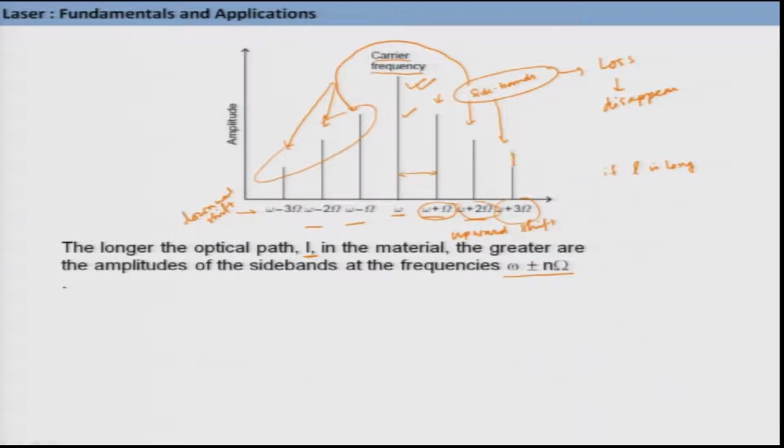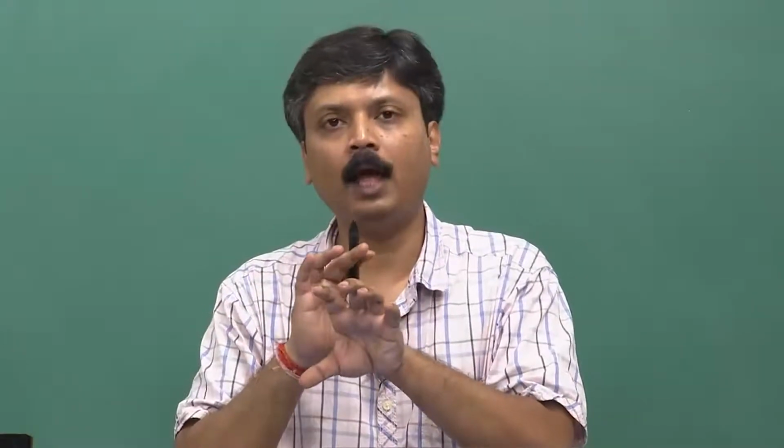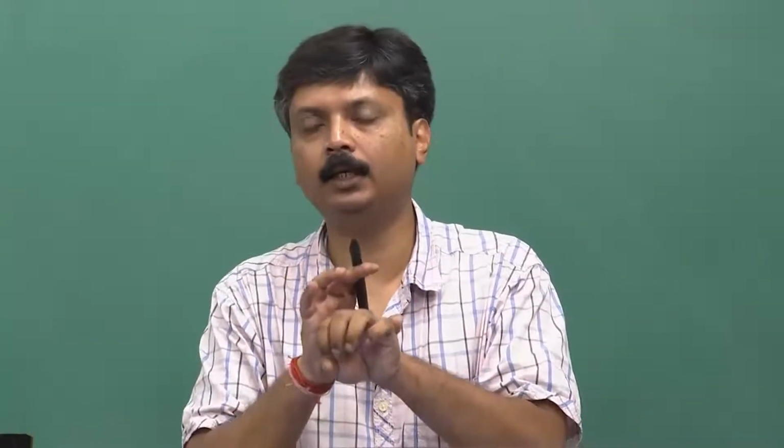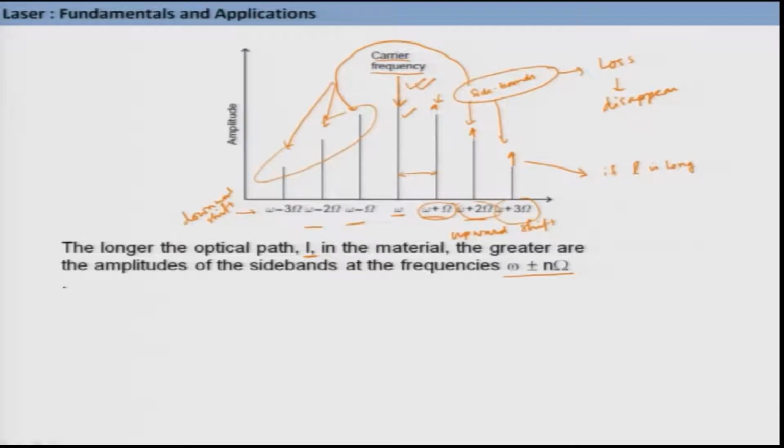Now if the sidebands grow, they are growing from something. They take this intensity from the carrier frequency, so essentially this will go down and these will go up, which is exactly the opposite of what we want.